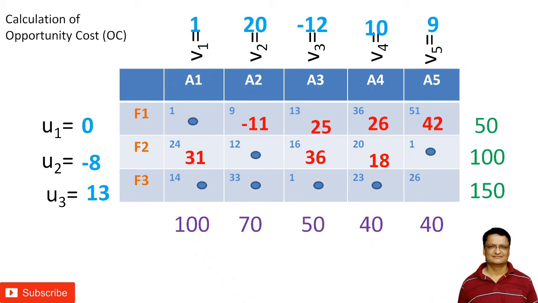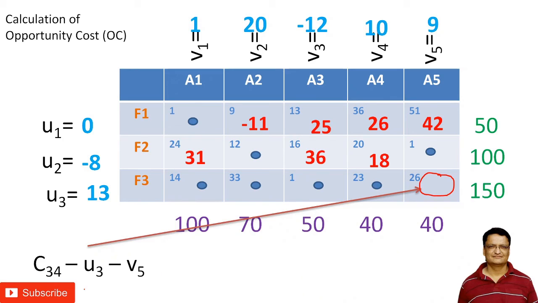These are the values you will get for the remaining empty cells, and I will calculate the last value for your reference, right? So I need to calculate the opportunity cost at this cell. What is the formula? How do I get this formula? This is 26 minus the corresponding U3 minus V5.